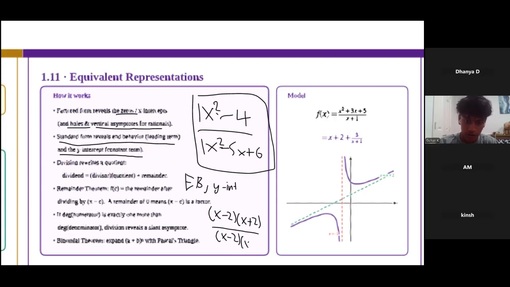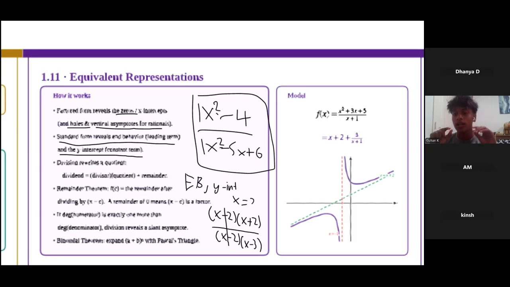I hope you all saw how that factors out: negative 2 times negative 3 equals 6, and negative 2x plus negative 3x is negative 5x. Now we can clearly see our holes, vertical asymptotes, and zeros here. So, x minus 2 cancels out, and where does x minus 2 equal 0? When x equals 2. So one of our holes is going to be at x equals 2.